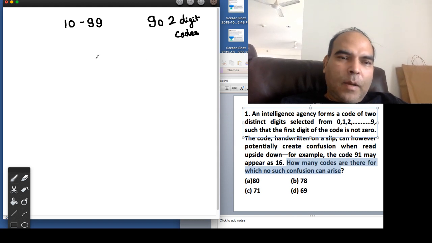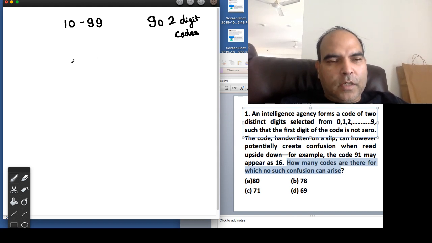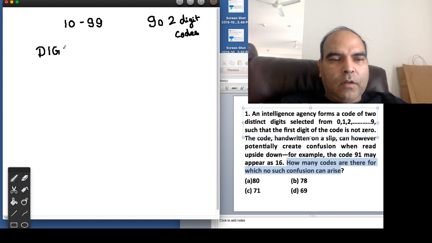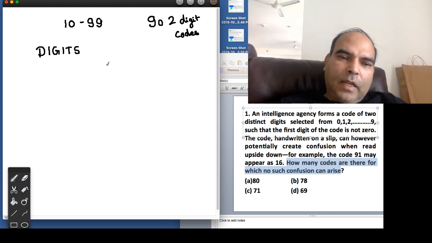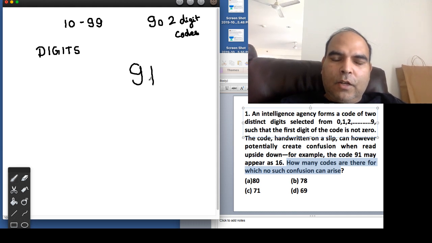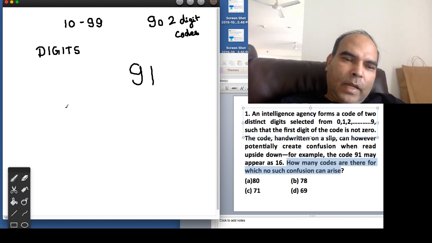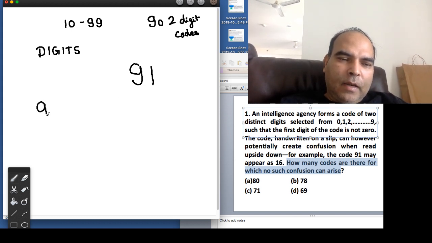If we start thinking about this, you first need to identify the digits that will create a confusion upside down. We have just seen in the example of 91 two kinds of digits that create confusion upside down. One is what happens with the number 9.